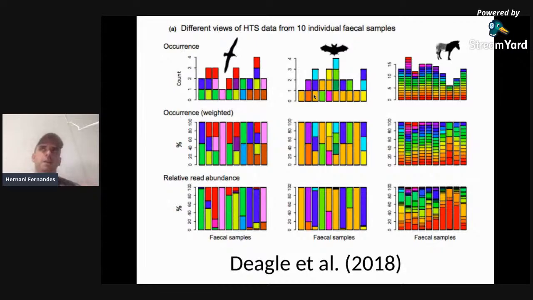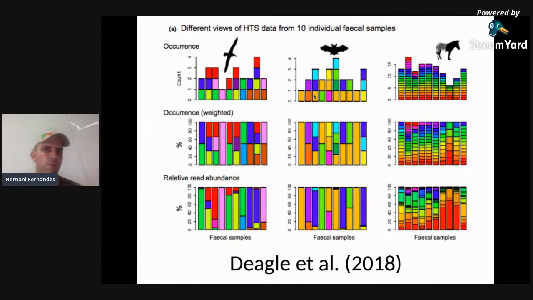So if I find a species of Lepidoptera that has 1,000 sequences in the feces of a bat, can I actually say that this Lepidoptera has been eaten 10 times more than another species where I found just 100 sequences in the feces of the same bat?